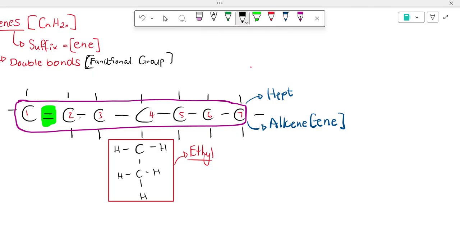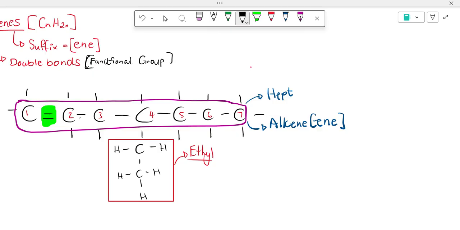Maybe let me reiterate. How do I identify if something is closer to the functional group? You need to look at the numbers used to indicate locations. The number that you use to indicate the location of a double bond or any other functional group must be very, very small. It must be literally the smallest number.